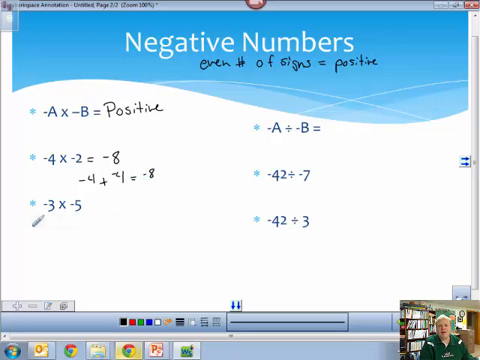Okay? Negative 3 times a negative 5 is going to be a positive 15. Here again I have 1, 2 negative signs. 2 is even. So therefore my answer is going to be positive.